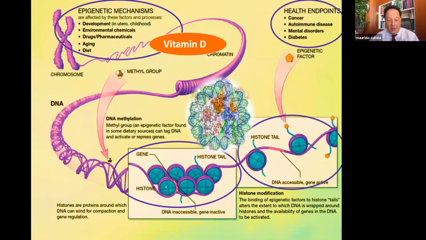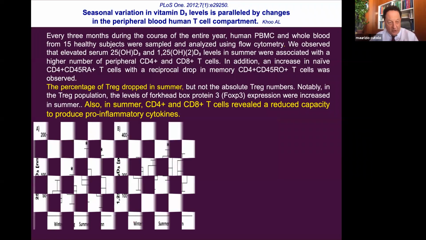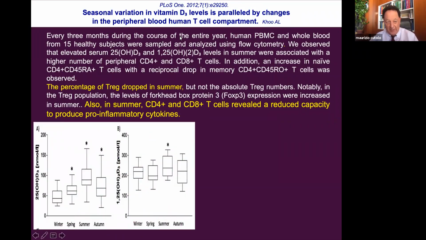So if we move at this point to the seasonal variation in vitamin D levels, and on the other side, the concentration of the cells that do the immune response, we observe that in summer, we have the highest concentration of vitamin D. Both the precursor and the hormone, 125 hydroxylated, that the function of vitamin D is the true hormone. Summer, the highest concentration. Winter, the lowest. And even spring, the beginning of spring.